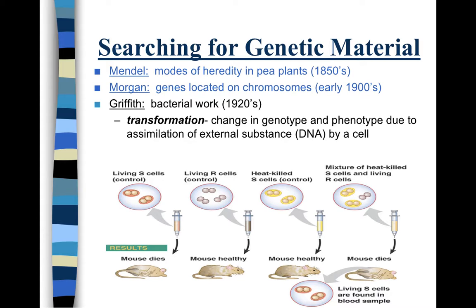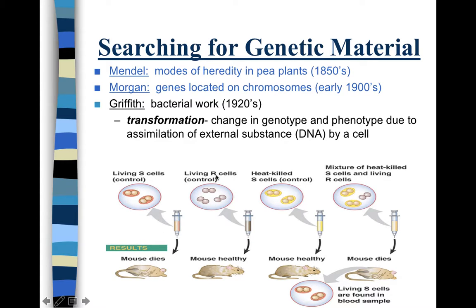But this was categorized by transformation, a change in genotype and phenotype due to the assimilation of external substance, DNA, by a cell. So the living S cells are put into a mouse. The mouse dies.